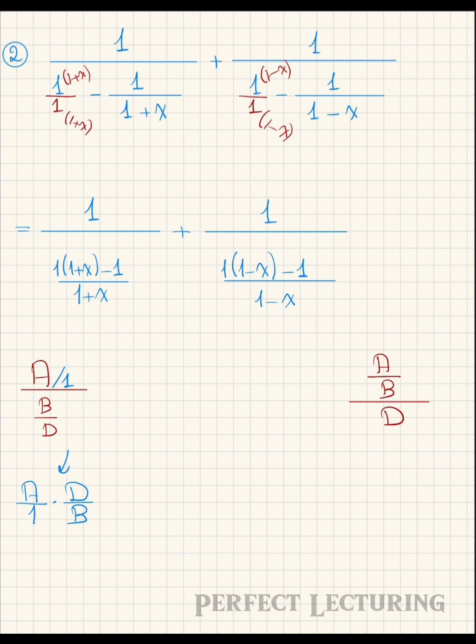However, if I change the bigger dash, this means I have to put the 1 underneath the d, and this fraction becomes a over b times 1 over d, and of course, the first one is ad over b, however, the second is a over bd. So the answers are obviously different.